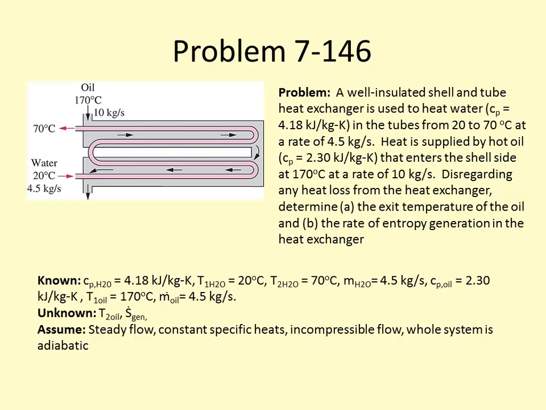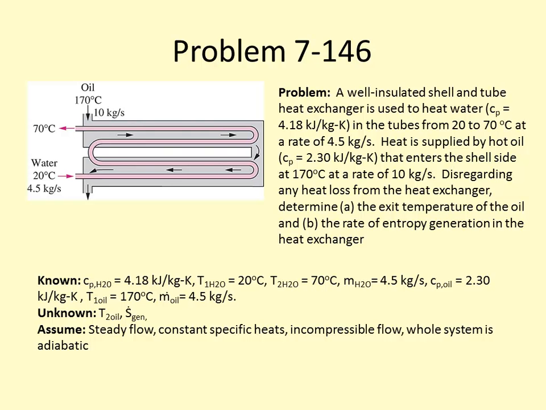Okay, so let's do another example. This time we do use C sub P in this heat exchanger. So we have a shell and tube heat exchanger used to heat water. So this would be like your water heater, where C sub P is 4.18 kilojoules per kilogram times Kelvin.